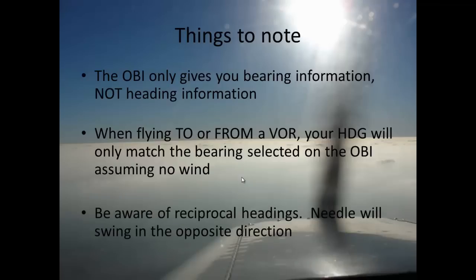And finally, be aware of reciprocal headings. The needle will swing in the opposite direction. What this means is simple. If you are flying to a VOR and you haven't checked the to flag, and you've centered the needle and you've actually got a from flag, you might still have a perfectly centered needle.